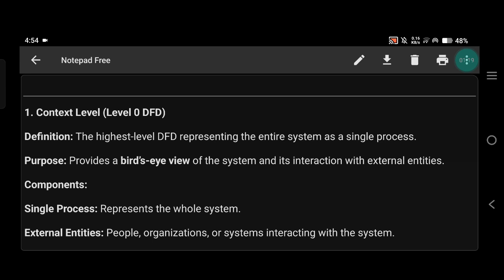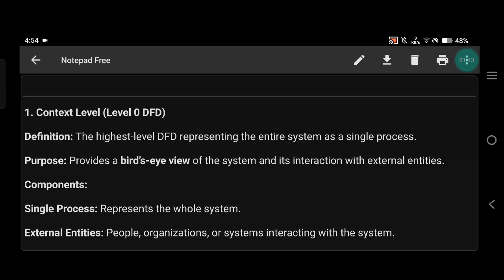First one is context level 0 DFD. Definition: the highest level DFD representing the entire system as a single process. Purpose: provides a bird's eye view of the system and its interaction with external entities. Components: a single process represents the whole system.